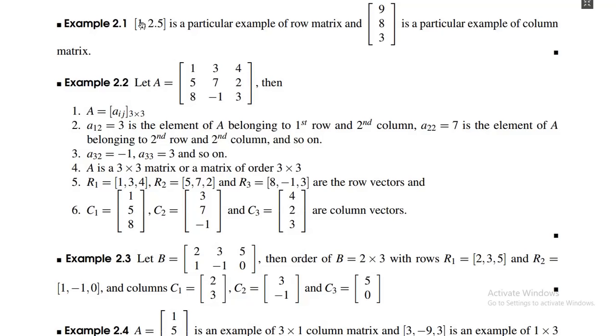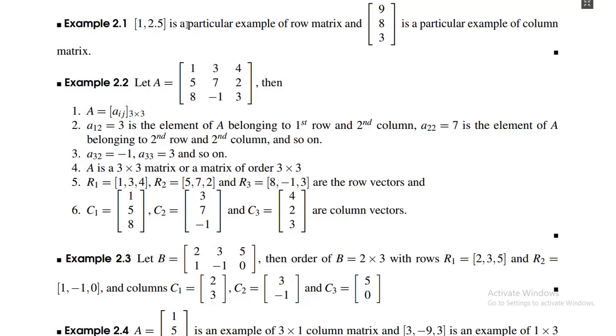The order of this matrix is 1 by 2, because the entries are only 1 and 2.5.